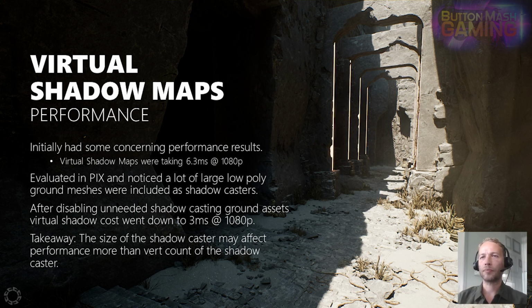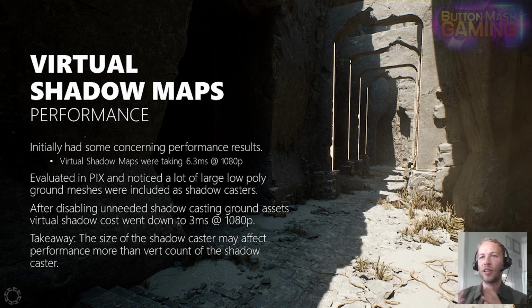What I learned from this process is I went and disabled shadows. I noticed that it was water and sand and things we didn't really need to cast shadows, and so I disabled shadows on all that, and then the virtual shadow map cost went down to 3 milliseconds at 1080p, so much more reasonable at that point.